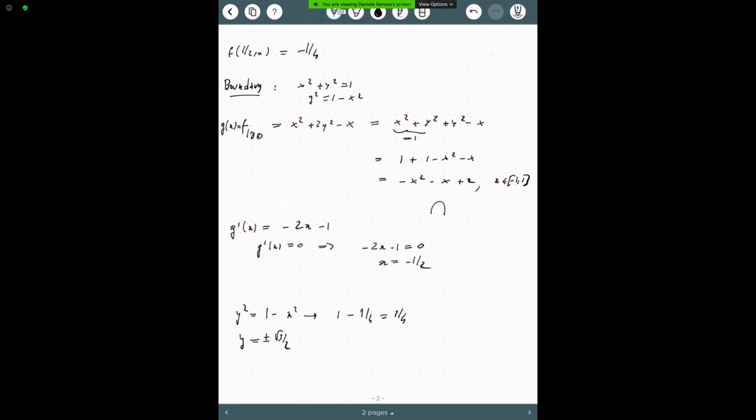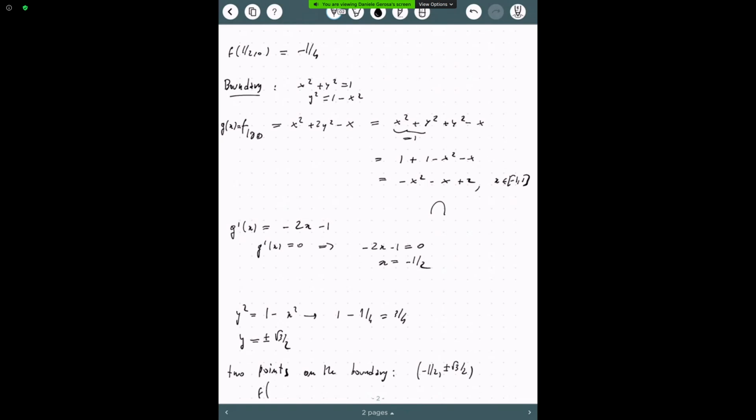So we have 2 points on the boundary: minus 1/2, and plus or minus this square root of 3 over 2. And if we compute, I mean, they will give the same function value.